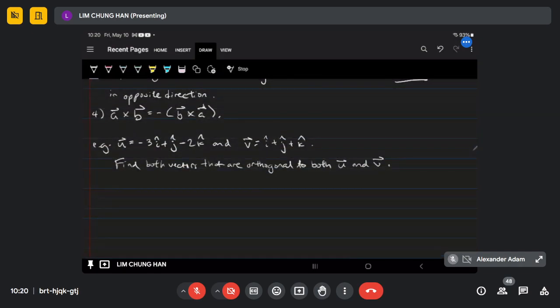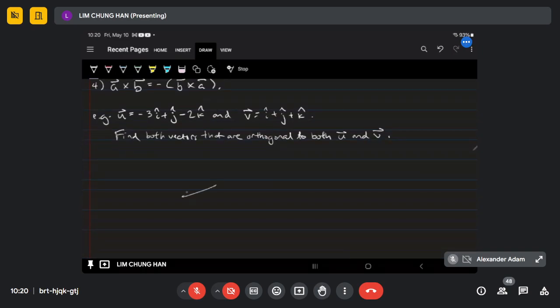Okay, so I have two vectors, vector u and vector v. I want to find both the vectors that are orthogonal to u and v. So what do you do?